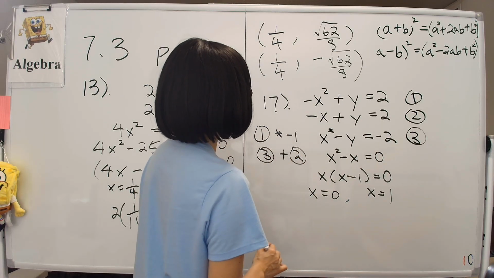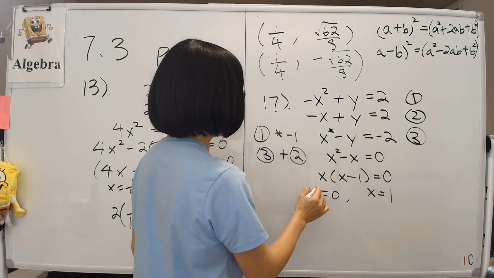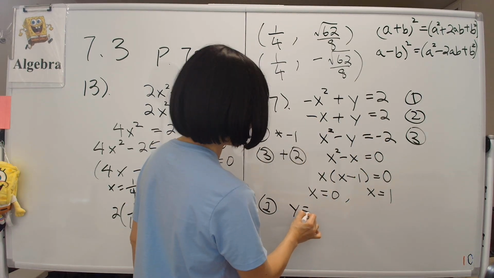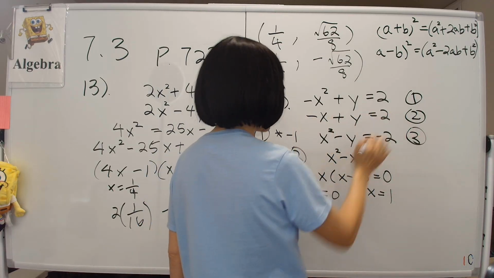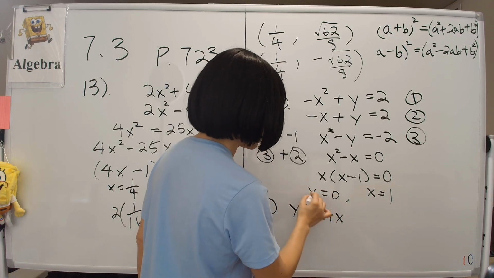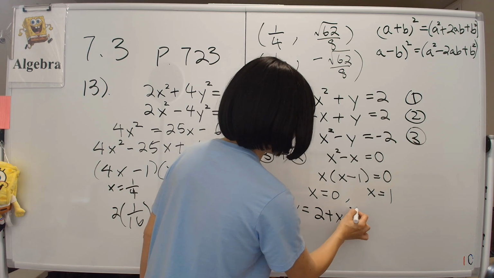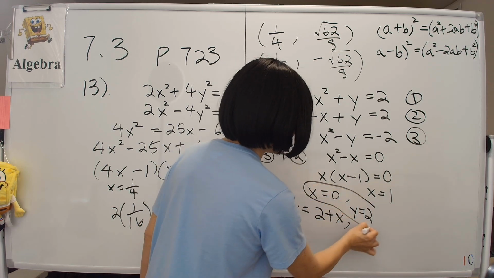And so then for y, from equation 2, we get y equals 2 plus x. Move the x to the other side. Y equals 2 plus x, which means that when x is 0, y has to be 2. That's the first solution: x equals 0, y equals 2.